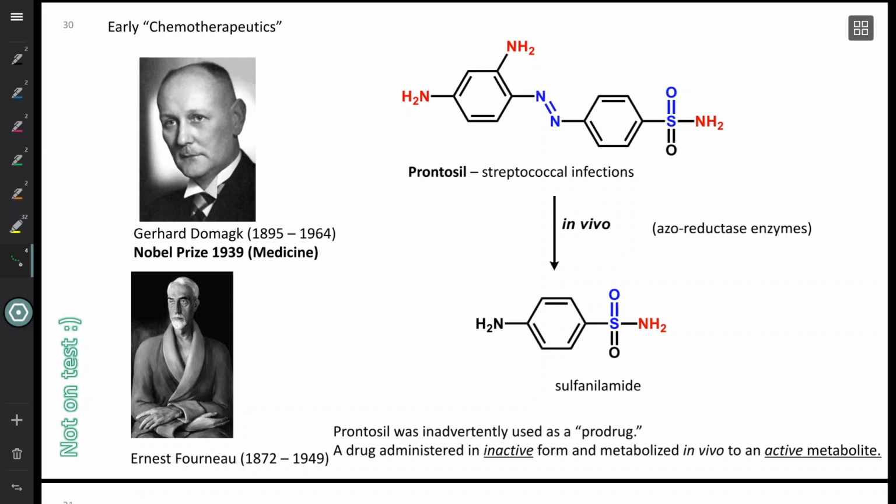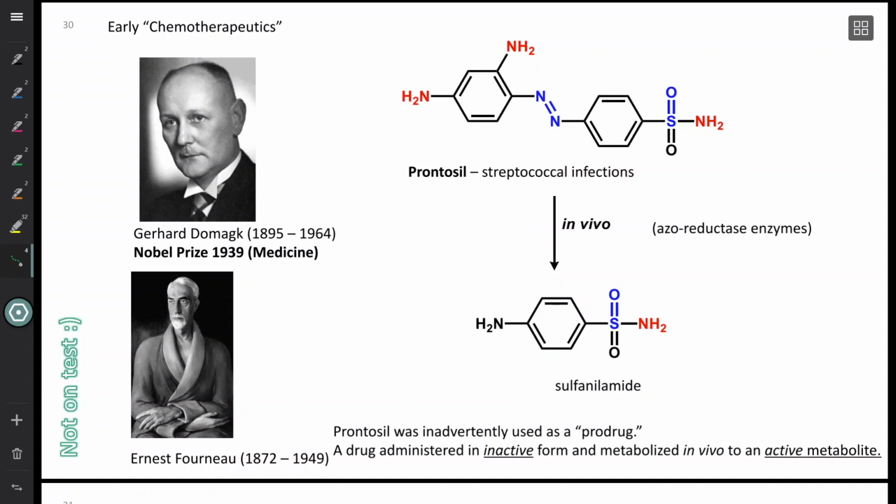So this azobenzene structure is called prontosil, and it was first used by Gerhard Domagk to treat streptococcal infections before there were antibiotics.